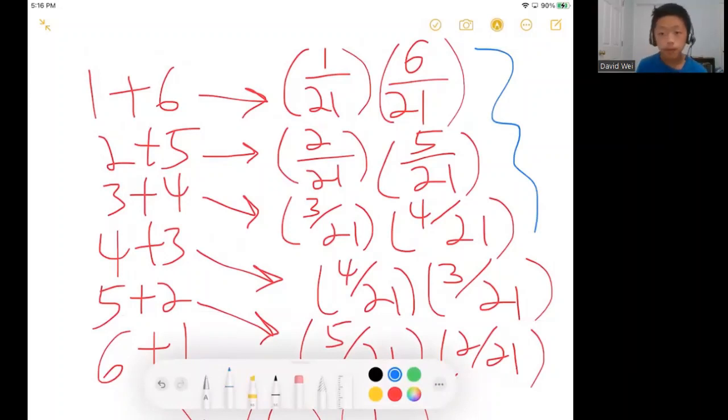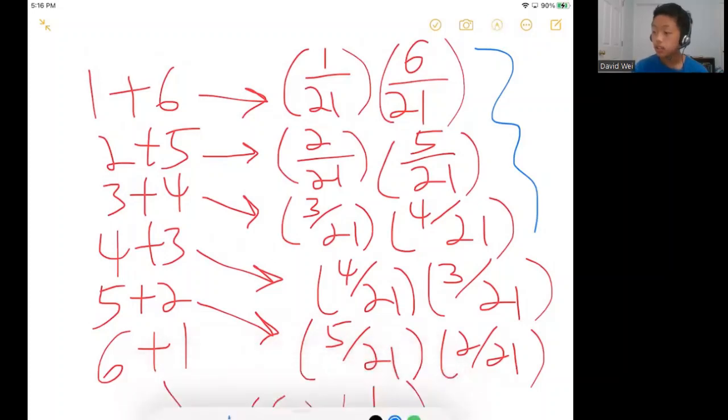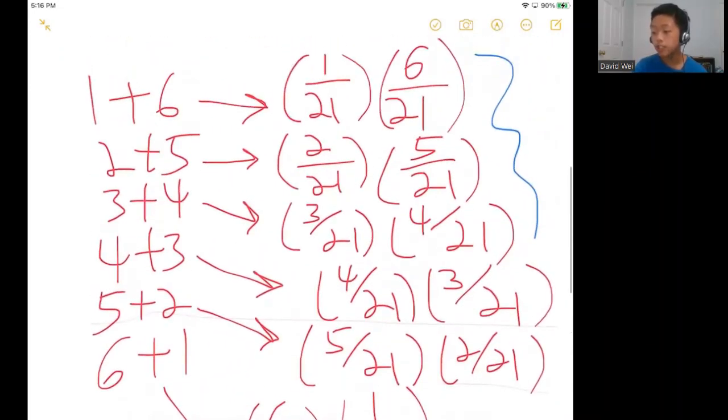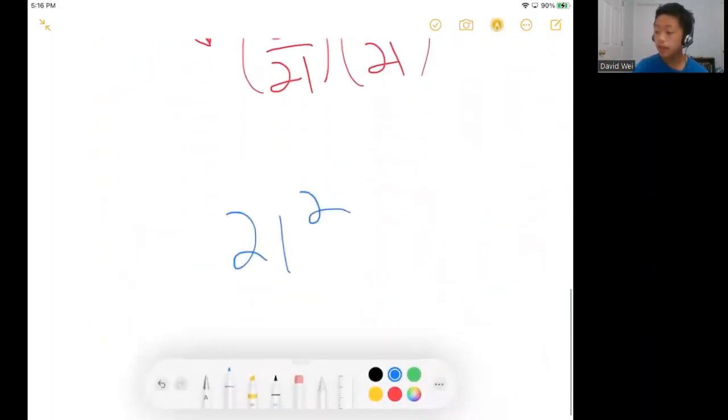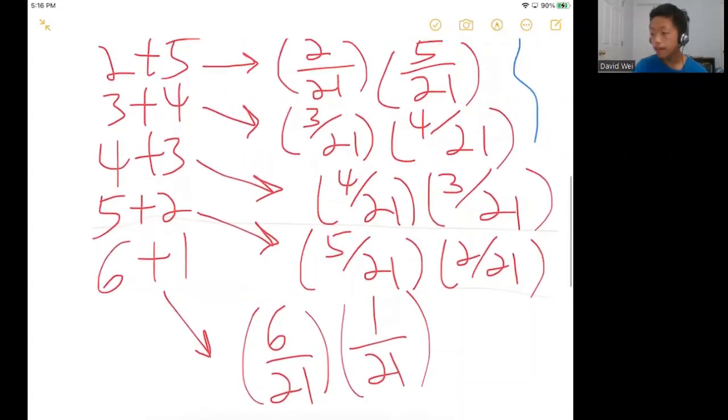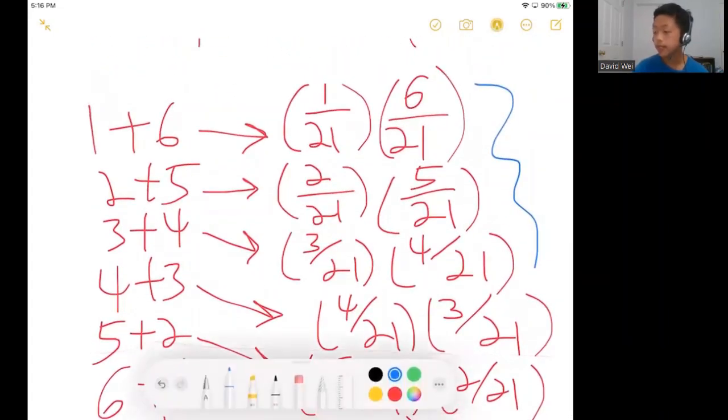So to find the total probability, we just add up all of these cases. The bottom of all the fractions is 21 squared. And on the top, here you have 1 times 6, so the numerator is 6.